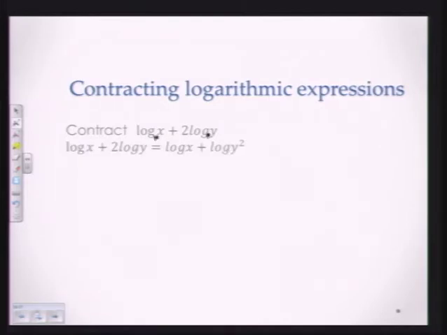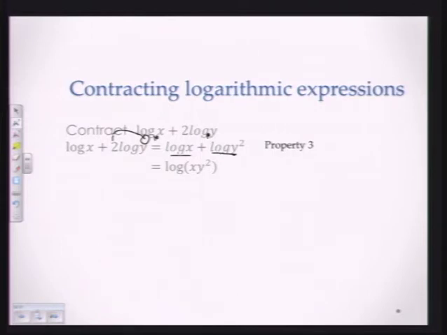Before I do the multiplication, I need to deal with this 2. I can make it my exponent, and that is by my third property. Now I can take my addition and turn it into multiplication. And our answer will be the common log of x times y squared.